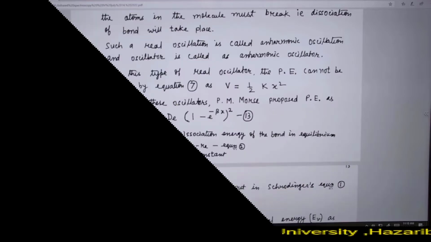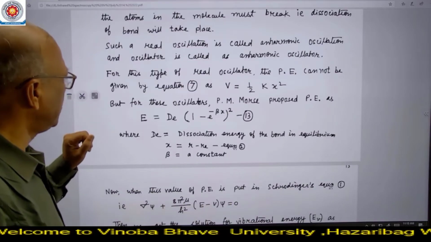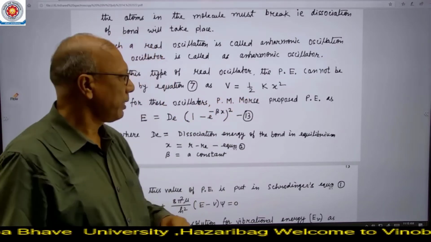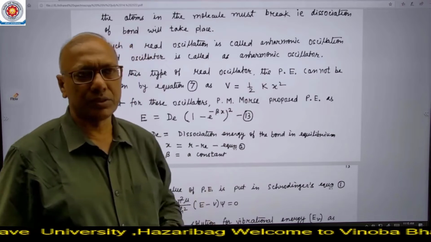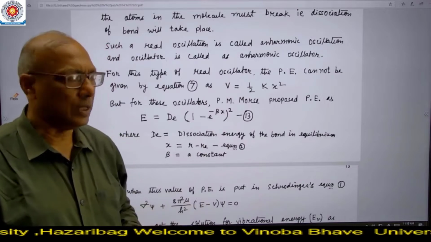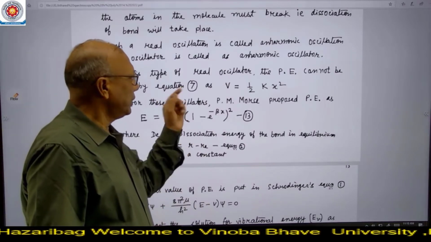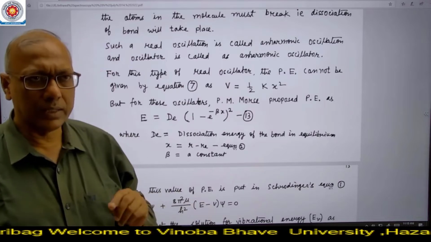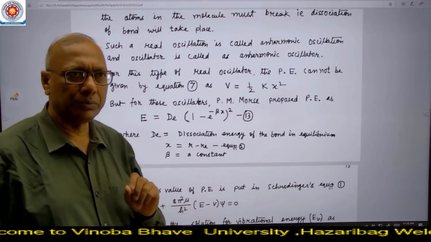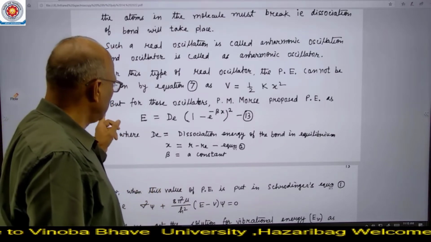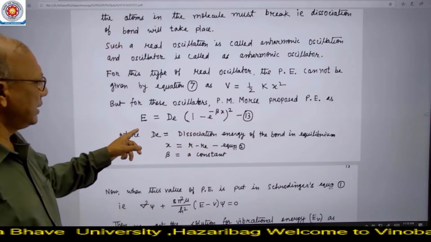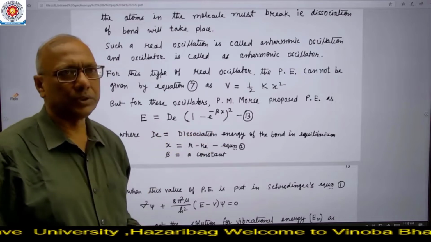We have already calculated the value of potential energy for the harmonic oscillator as V is equal to half kx square, where k is the force constant and x is the total displacement. This equation is for an oscillator undergoing simple harmonic motion, but for a real oscillator, which is called an anharmonic oscillator, and the vibrations are not according to simple harmonic motion, Morse proposed the value of potential energy according to equation 13.